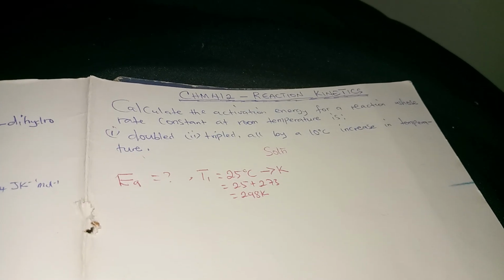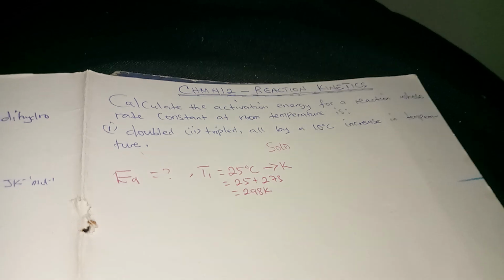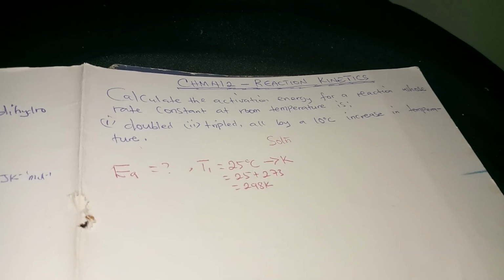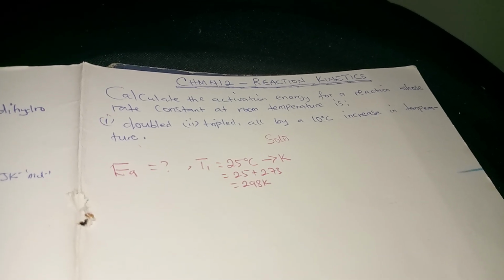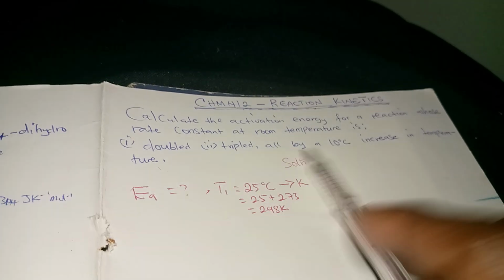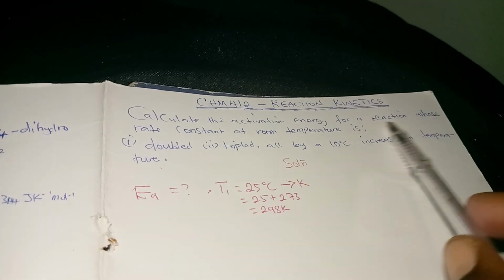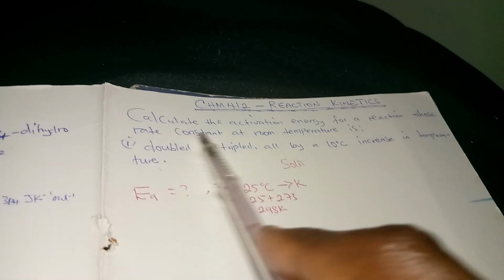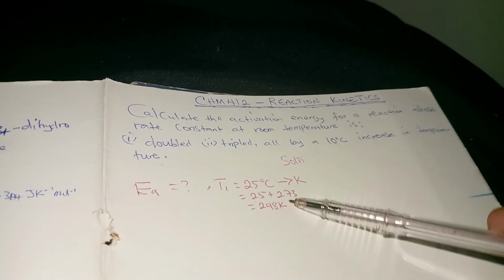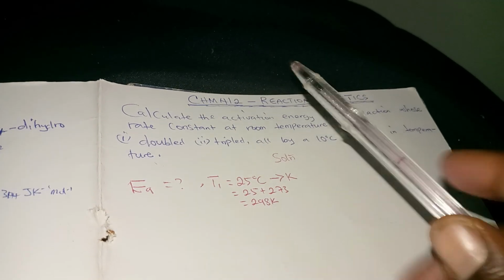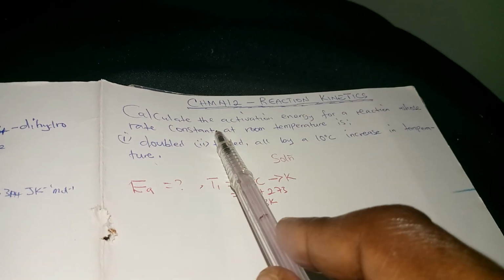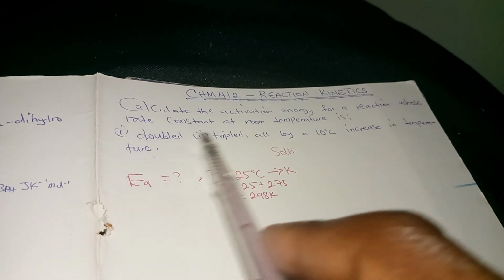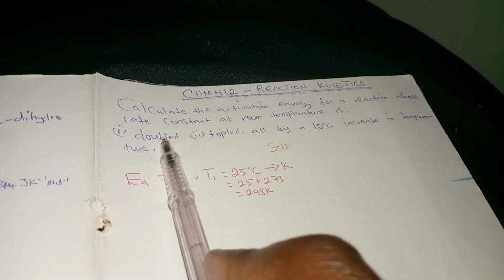The next thing in the question is, for a reaction whose rate constant at room temperature, we have done the room temperature, is double. That means the rate constant in this case is double.